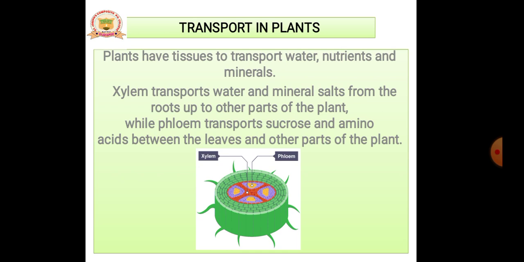Plants need to move molecules over very long distances, much more than animals do. They also do not have a circulatory system in place. Water taken up by the roots has to reach all parts of the plant up to the very tip of the growing stem.